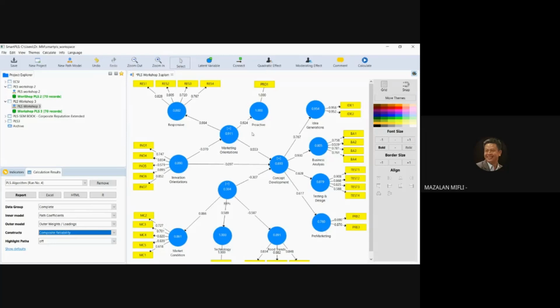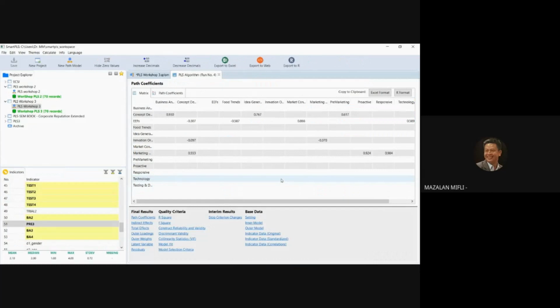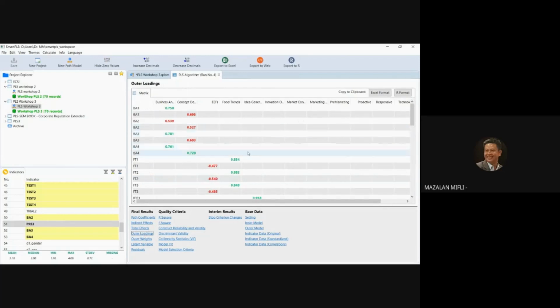Right, so we see these things. Overall it looks fine, but let's look at the report. What are the things that we need to have a look at? The outer loadings. You need to report the outer loadings if you are doing a PhD or even an MBA or MHCM.